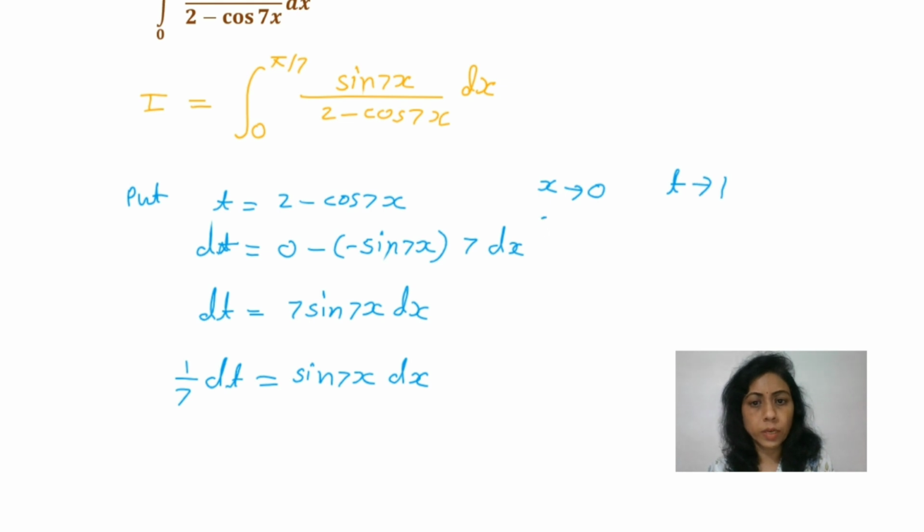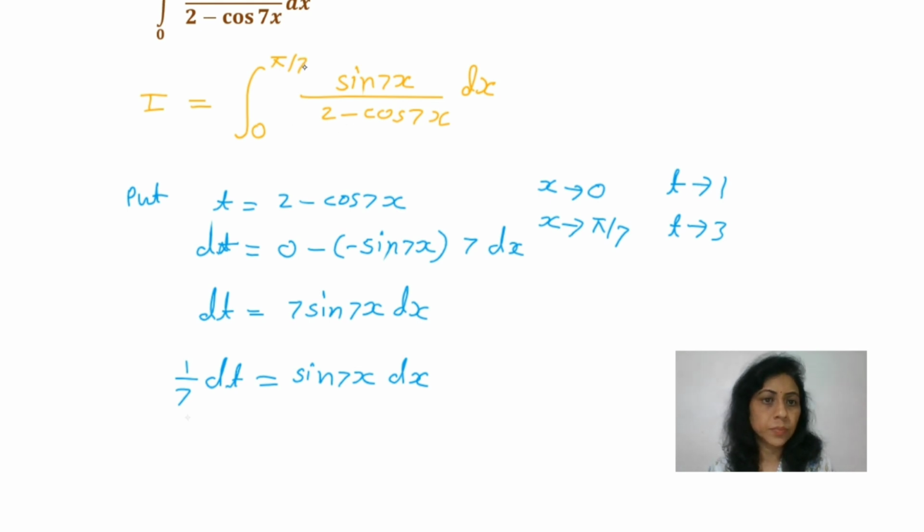Okay, when x tends to pi by 7, the upper limit, so when we put pi by 7 as the x value, 7 and 7 cancel, cos pi is minus 1, minus, and this minus will be plus, so 2 plus 1, which is 3. Okay, now the limits are 1 to 3, the earlier limits were 0 to pi by 7.